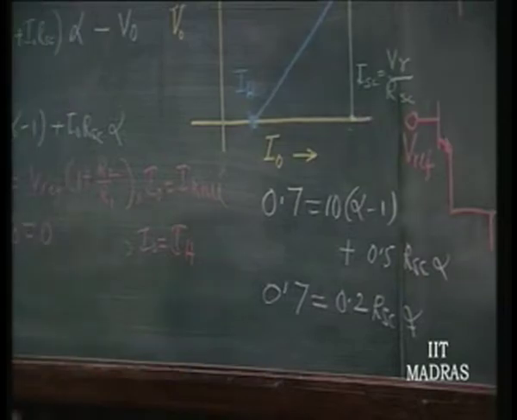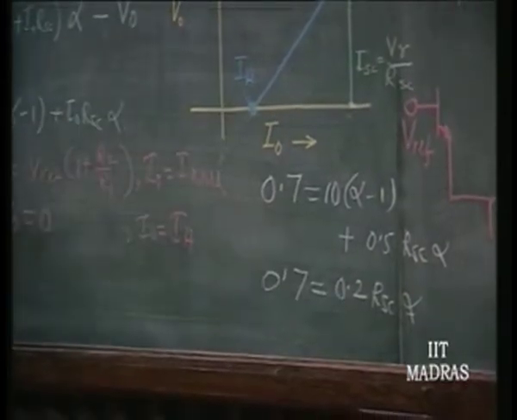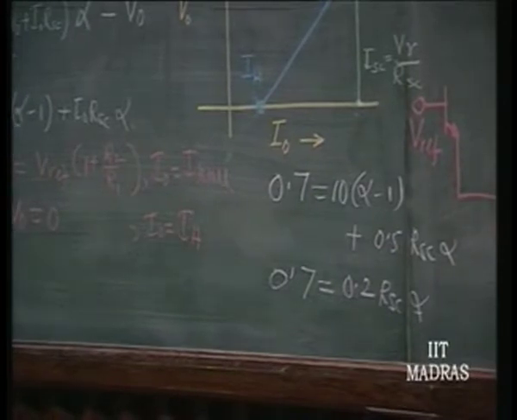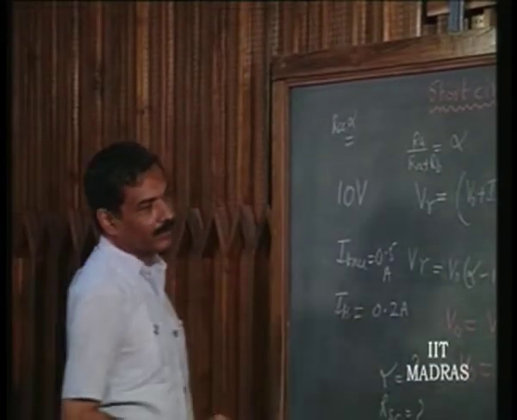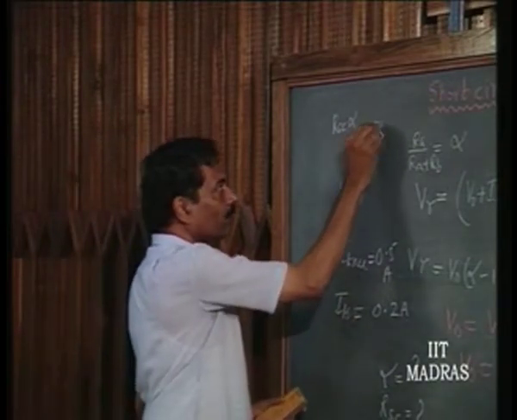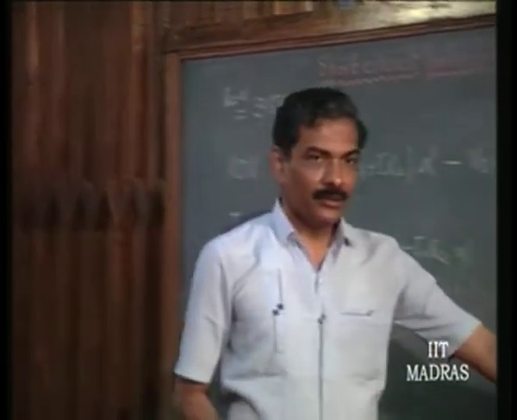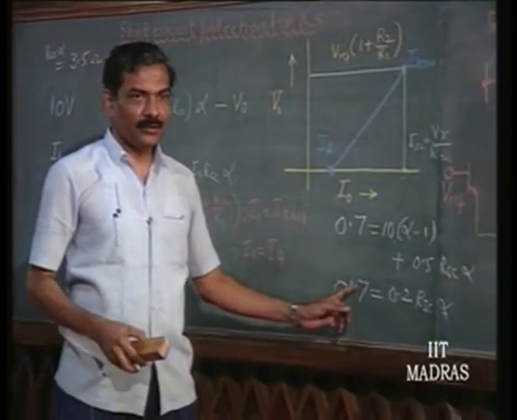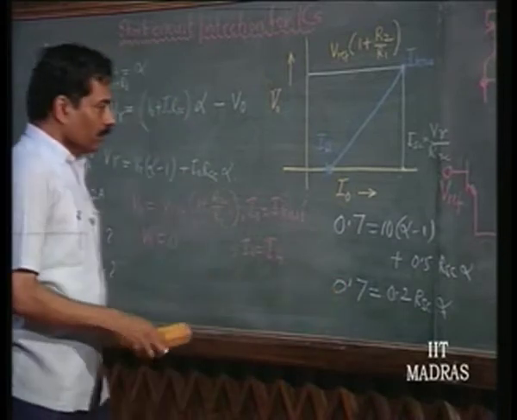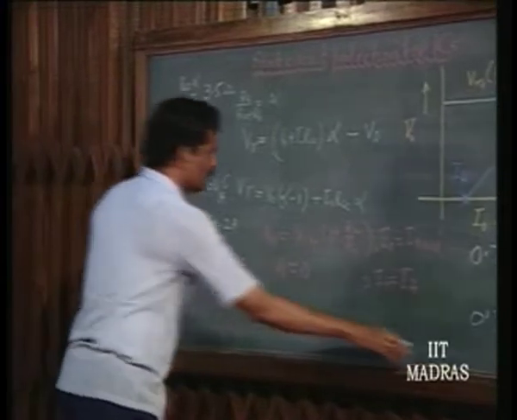So, from this you will get RSE into alpha as how much? RSE into alpha equals 3.5 ohms. Is it understood? So, you know RSE into alpha as 3.5 ohms.